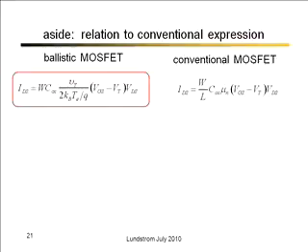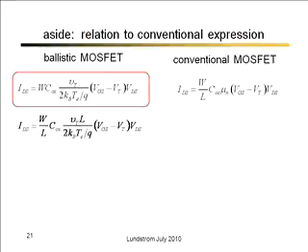And this expression in the red box here is what we've derived. What's the connection between the two? Well, we have a W over L out front here. So let me divide by L and multiply by L.